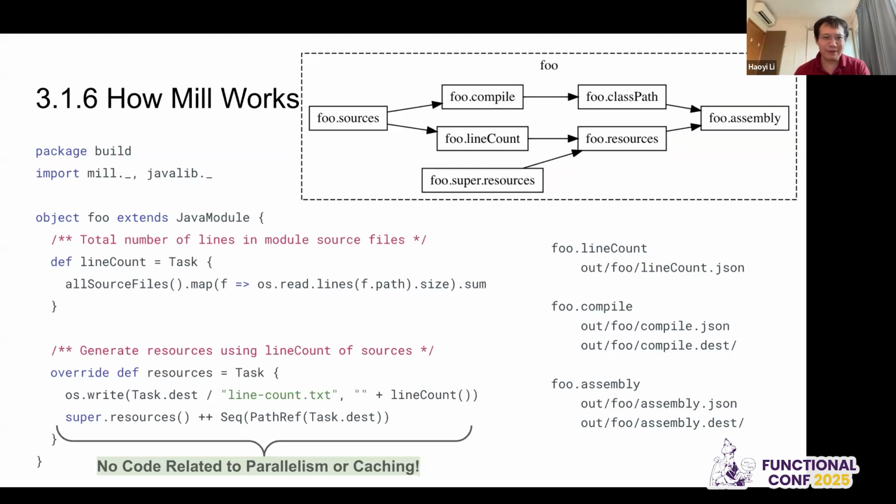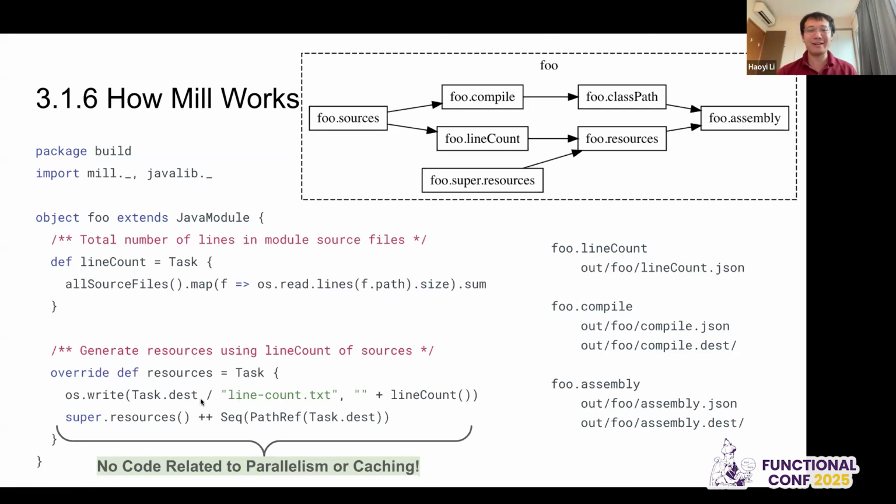So what's interesting about this Mill build config here is that you see we define some custom tasks like line count and override. We get nice things like parallelism, caching, incremental recomputation. But if you look at the task definitions here, there's nothing to do with parallelism or caching or incremental recomputation at all. All you have is some pure functional code that says a line count is all source files mapped to the lines size.sum.